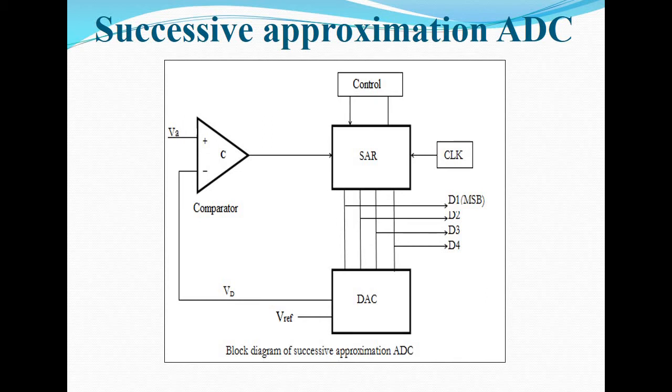LSB is the least significant in the binary system and MSB is the most significant in the binary system.